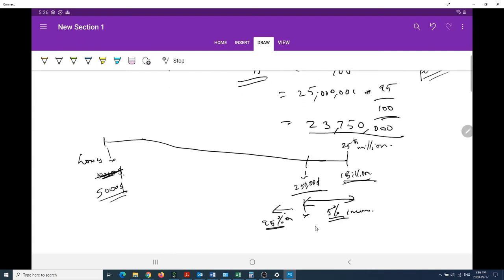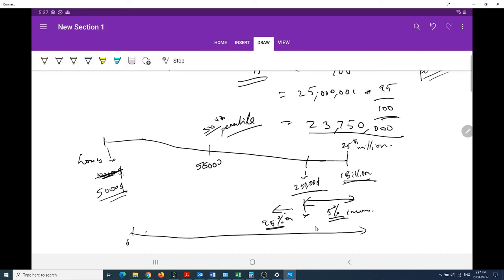Let's think about the 95th percentile, right? Once you arrange all the incomes in ascending order, 5,000, 6,000, 7,000, you have a bunch of people making the average salary, the median salary of around 55,000. So that'll be the 50th percentile. That's the median value.